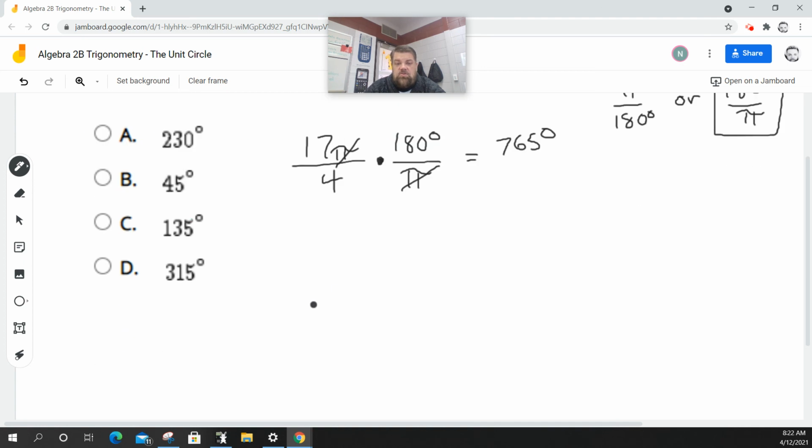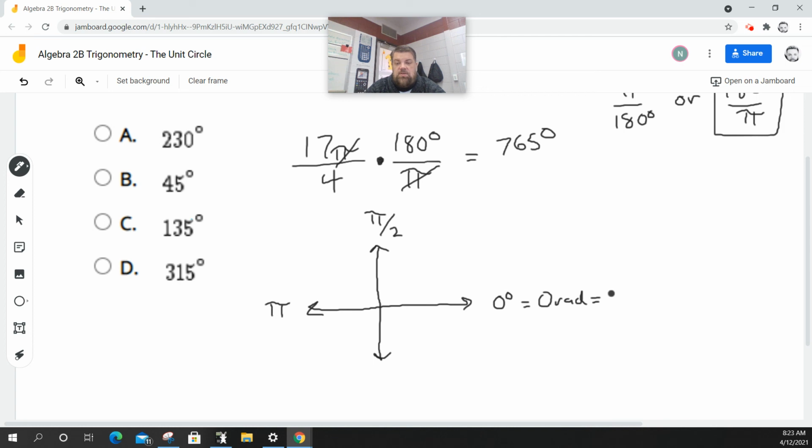So then what we have to do is think of our two-dimensional Cartesian plane. So this is 0 degrees, which is 0 radians. And this is pi over 2, and this is pi.